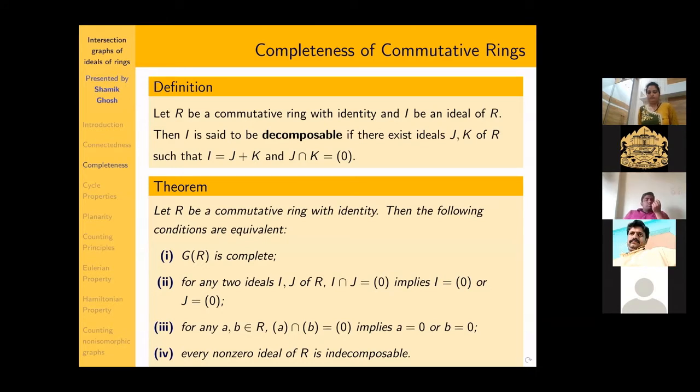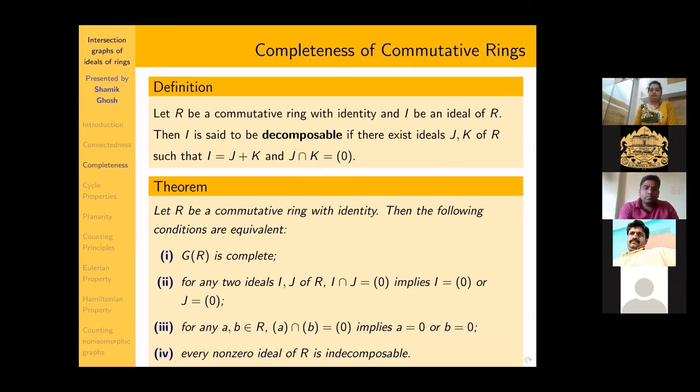These four conditions are actually equivalent, and by using any one of these conditions, you can check whether the graph is complete or not. It gives you a complete description of when the graph of ideals is complete for any commutative ring with identity.